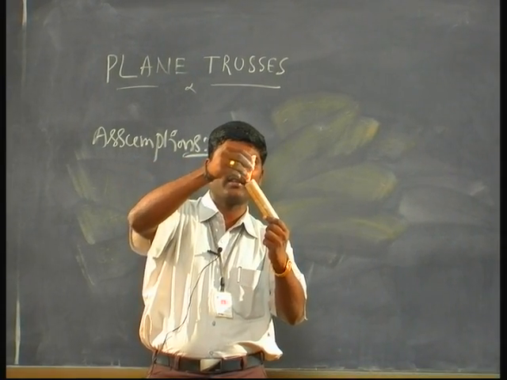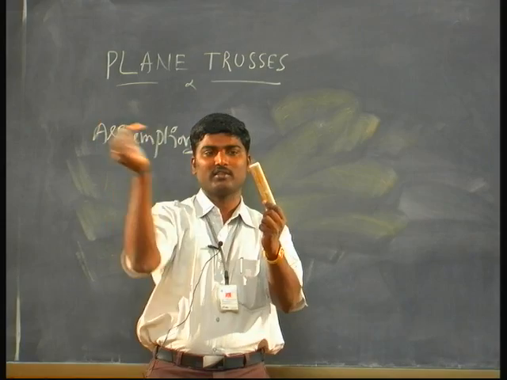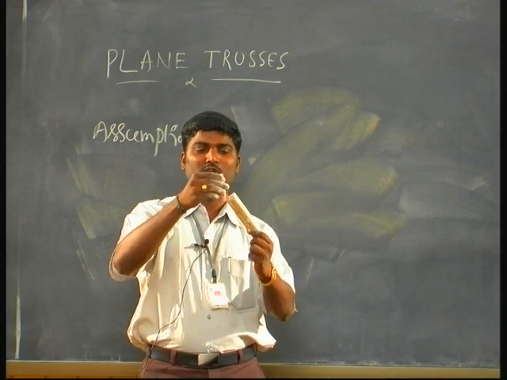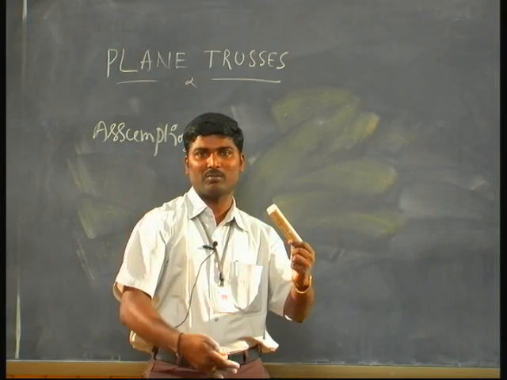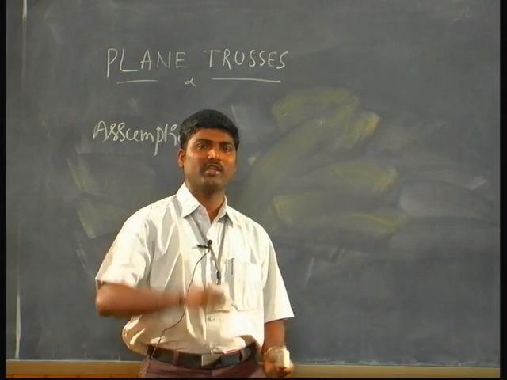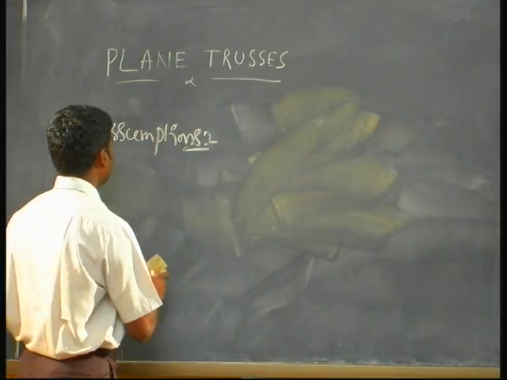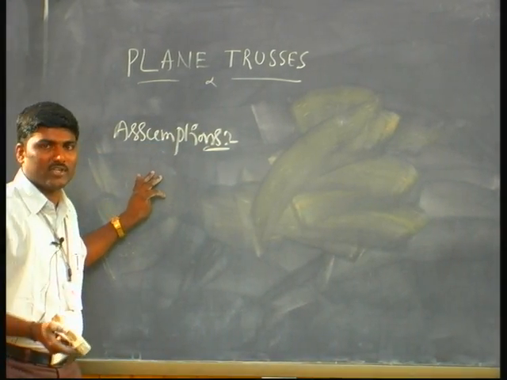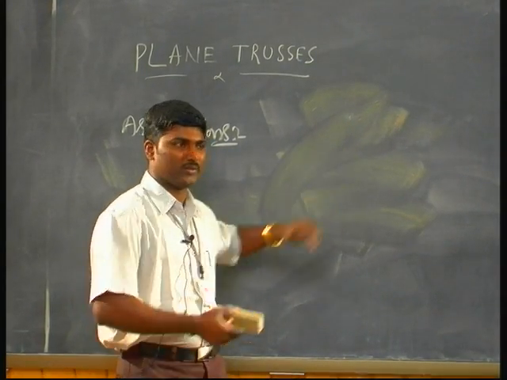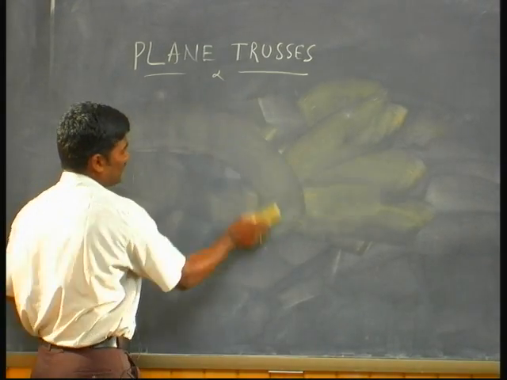It can be applied like this, like this, like this, but it should not be applied like this, in another plane. It should be in a single vertical plane. All your support members, load, everything should be in a single vertical plane. Those are the three basic assumptions we make to make our truss simpler to solve.